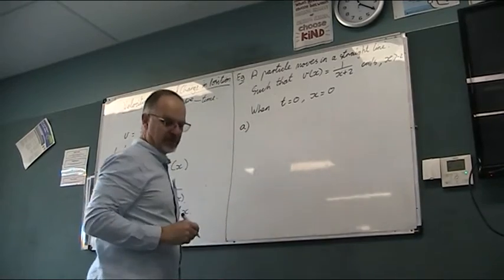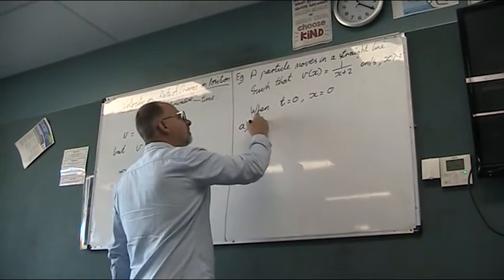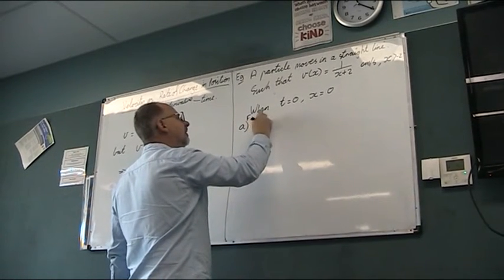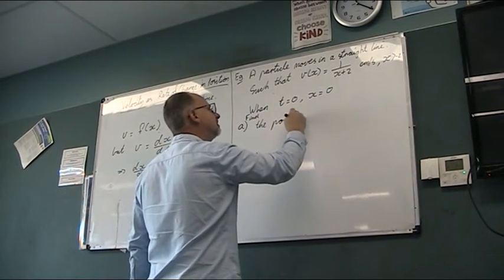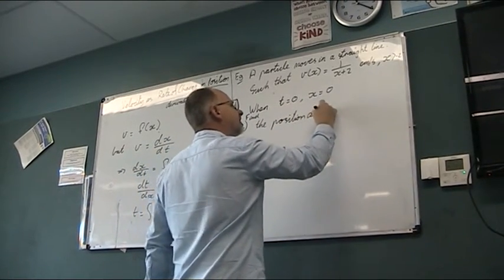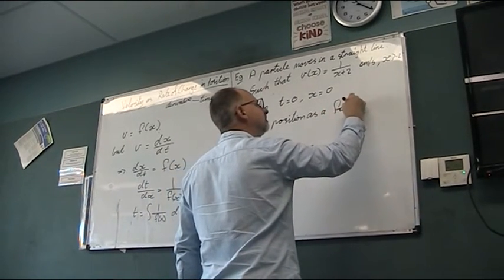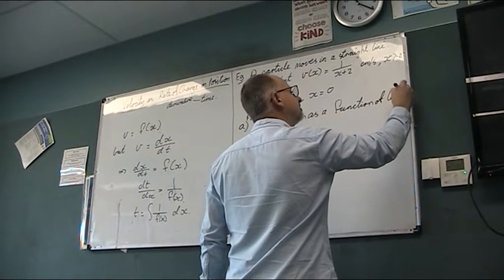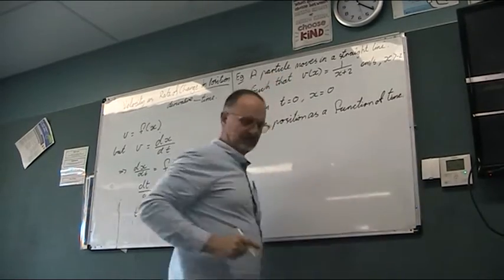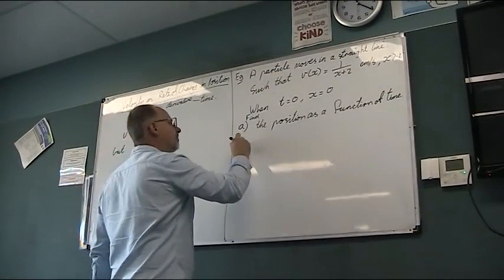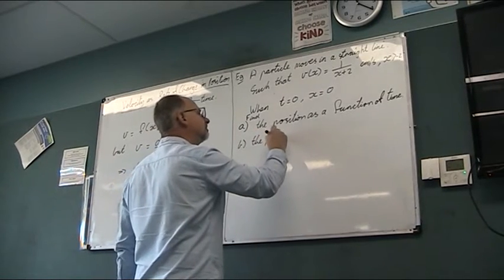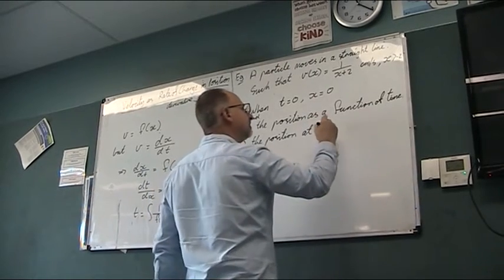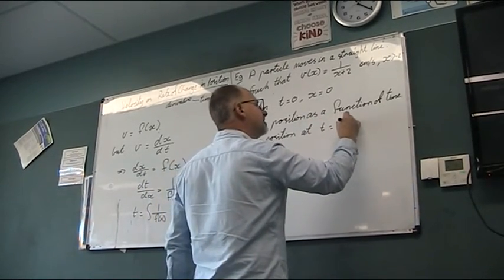So there's some things we want to find out here. First of all, we want to find the position as a function of time. Then from that, we want to know the position at t equals 2.5 seconds.